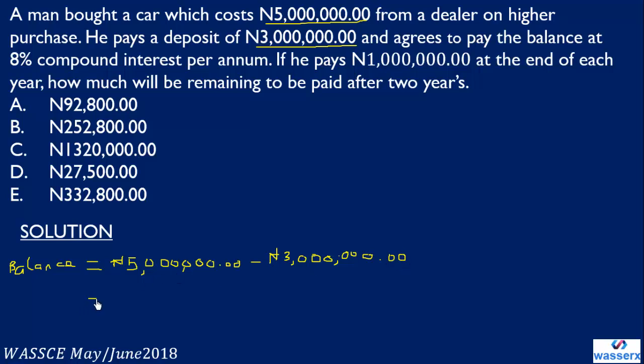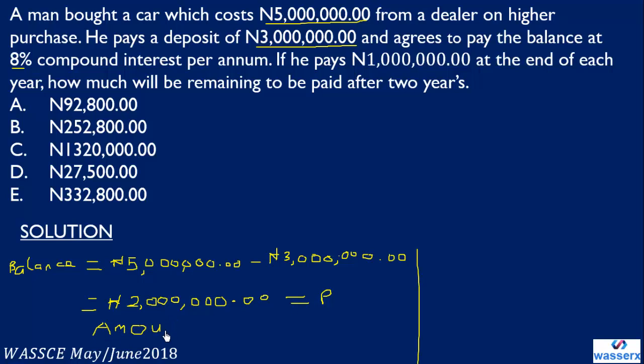So this gives us 2 million naira. So we were told that he agreed to pay the balance at 8% compound interest per annum.